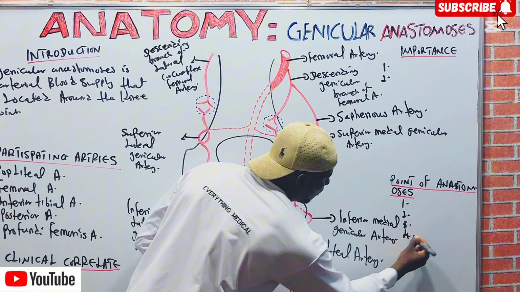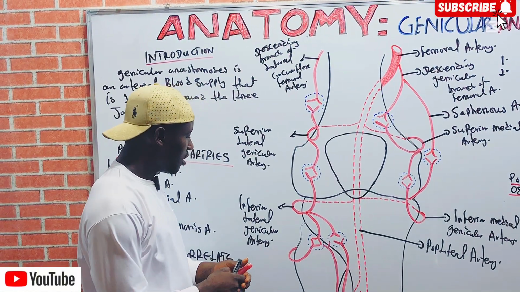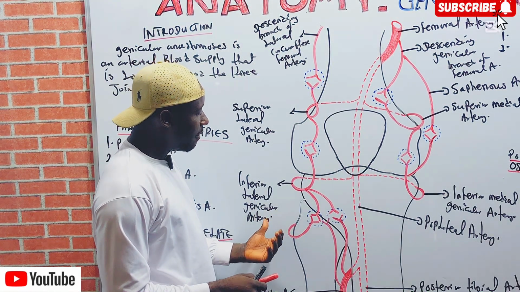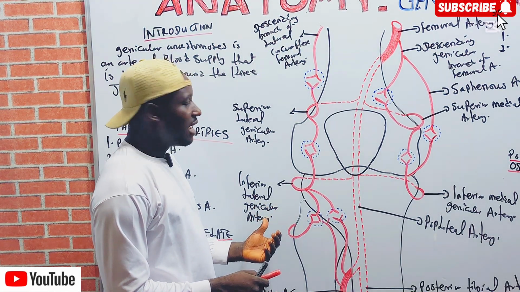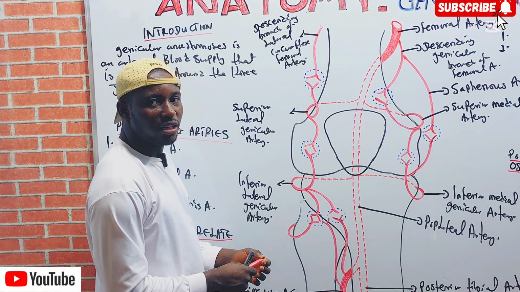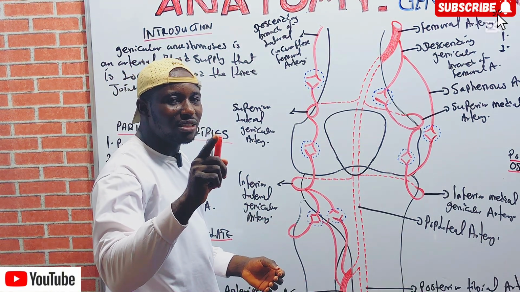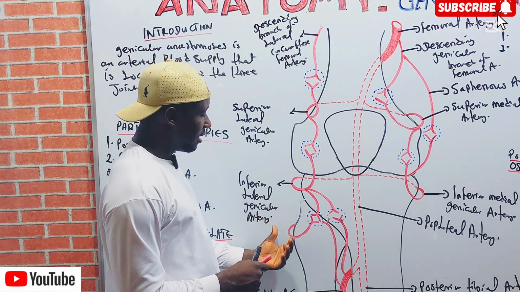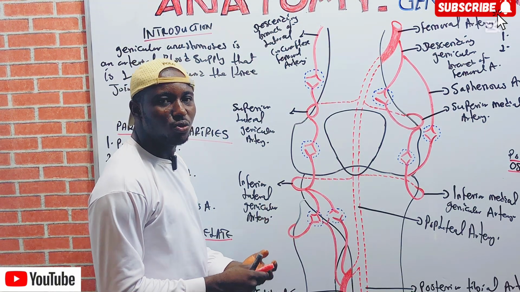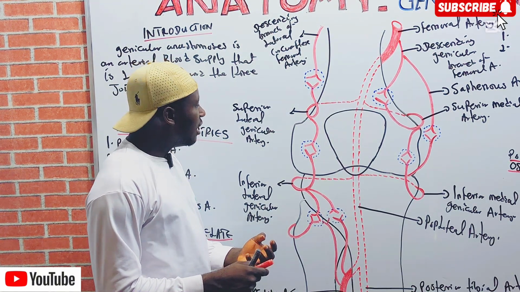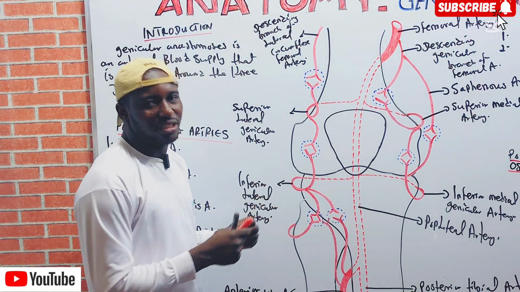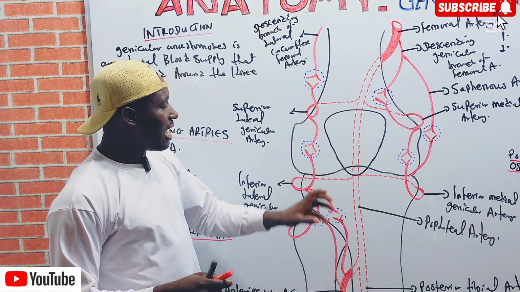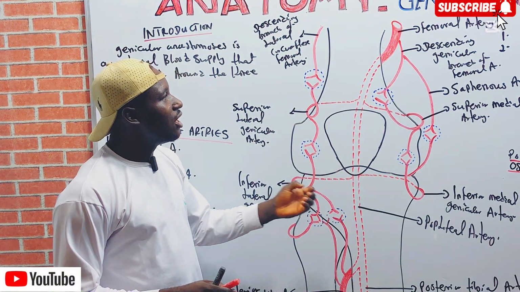Now, the fourth point of anastomosis is that the inferior lateral genicular artery anastomoses with an important branch of the genicular anastomosis, because that branch provides an adequate blood supply, also forming one of the participating arteries of the genicular anastomosis.